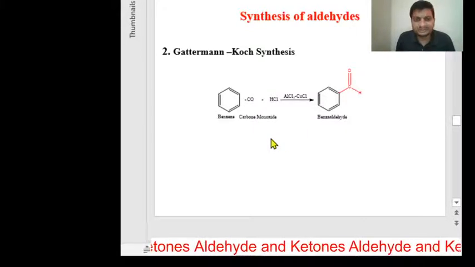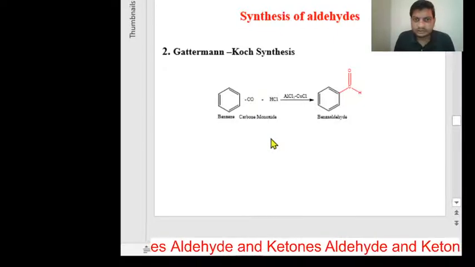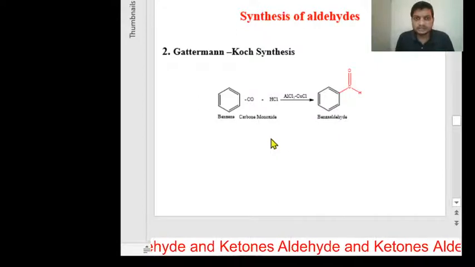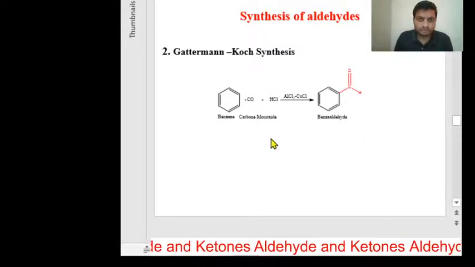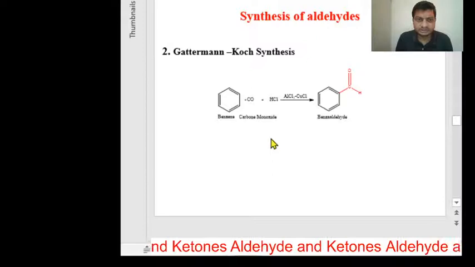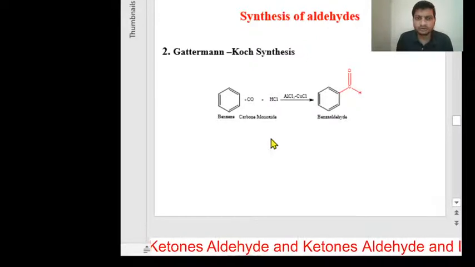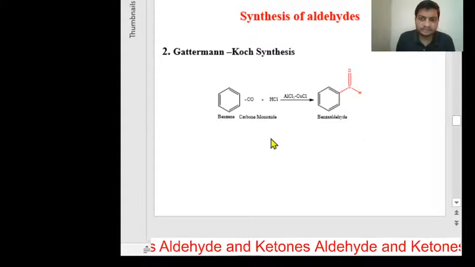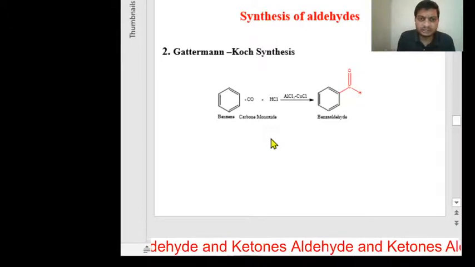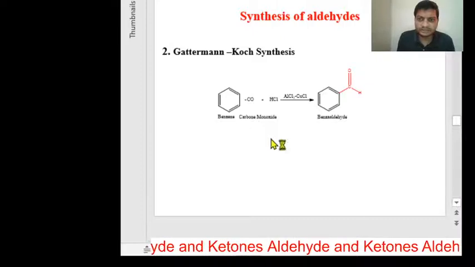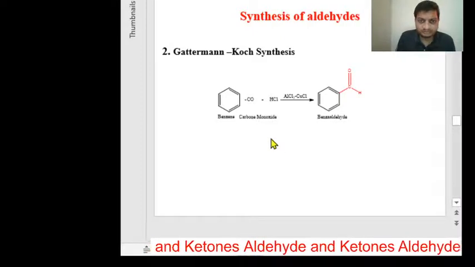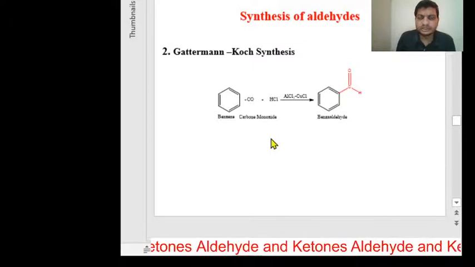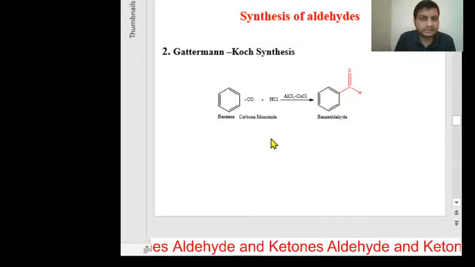We will see this in the mechanism part: how the complex forms with the carbon monoxide, hydrogen chloride and this metal complex, and then a carbocation is formed. The benzene lone pair will attack this complex, and after the shift, a proton is lost from this complex, and we get the benzaldehyde.